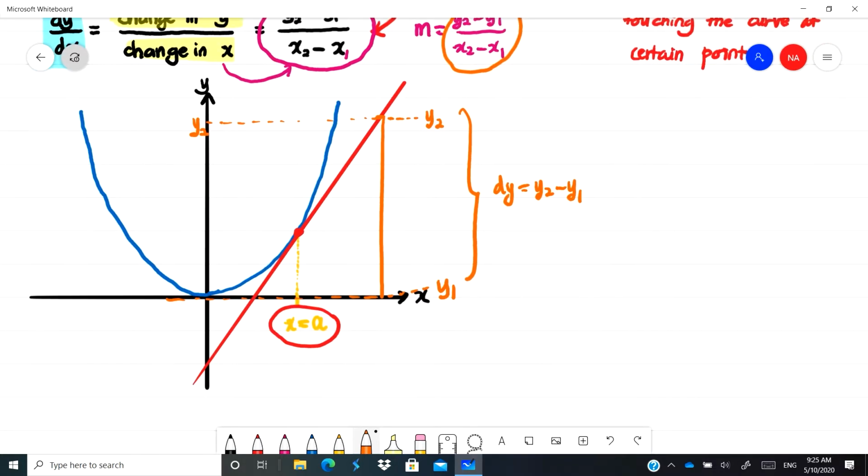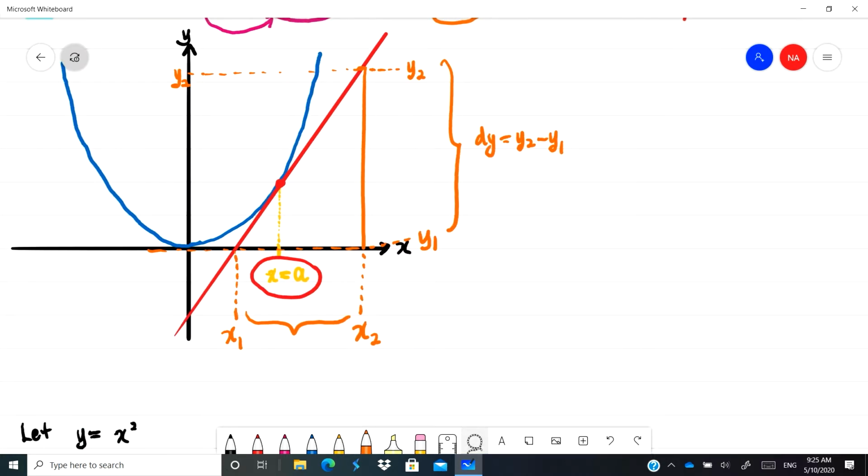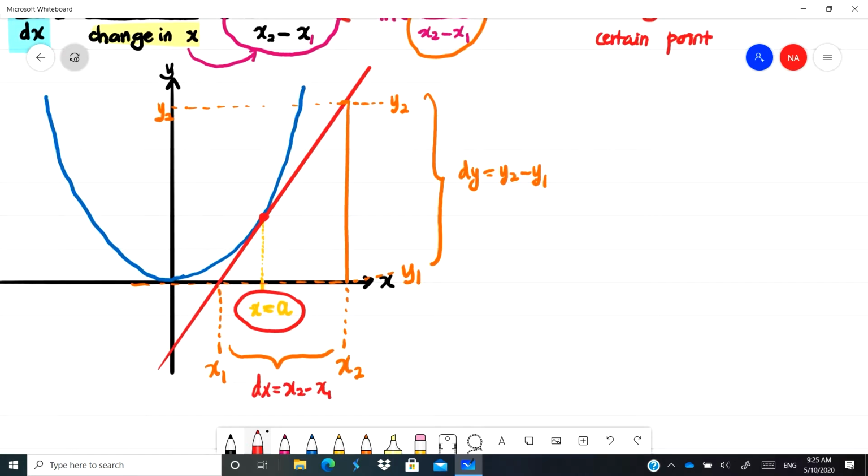Then we divide by dx. If we draw the triangle, it should be something like this, with x2 and x1. So dx is given by x2 minus x1.